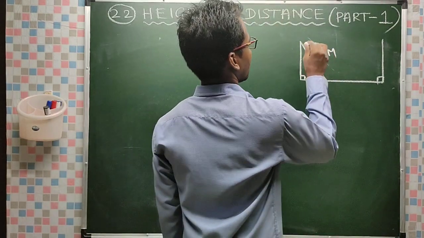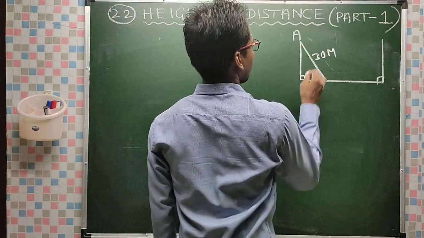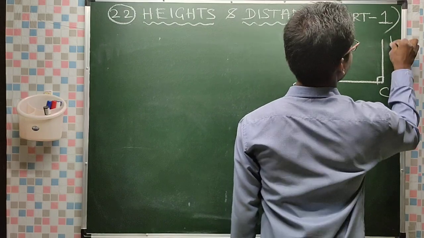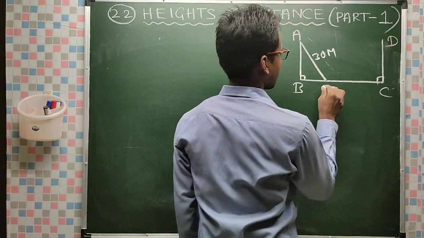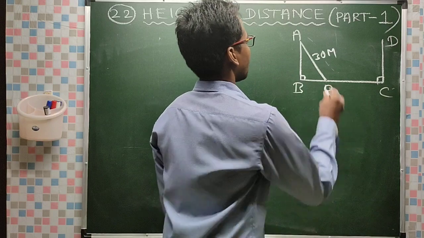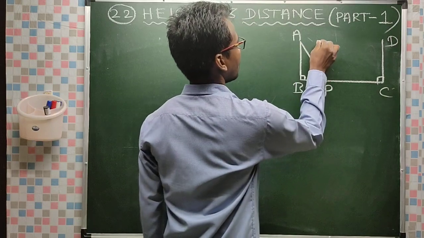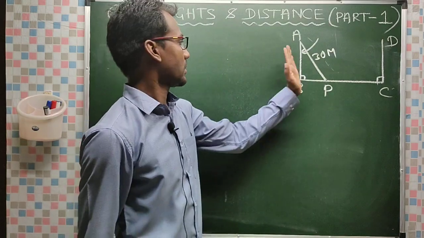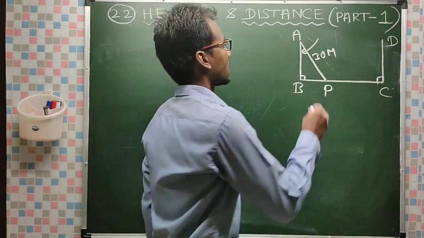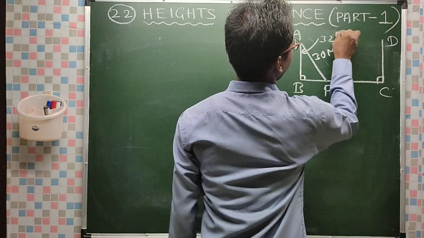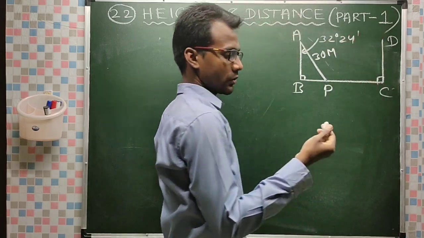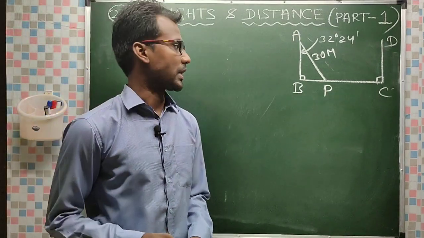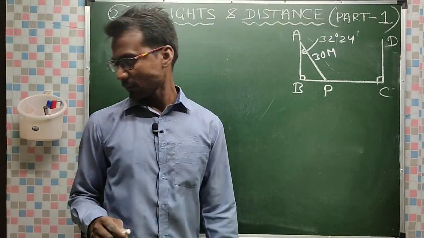Okay, let us name A, B, C, D. Suppose this is P. Now this angle, the angle between the ladder and the pole, is 32 degree 24 minutes.